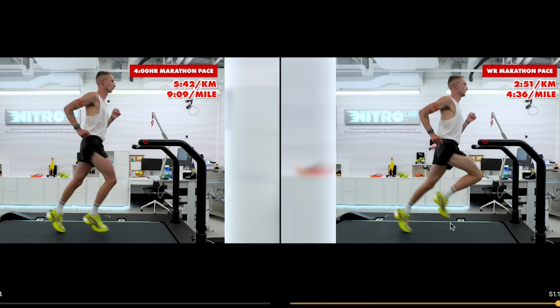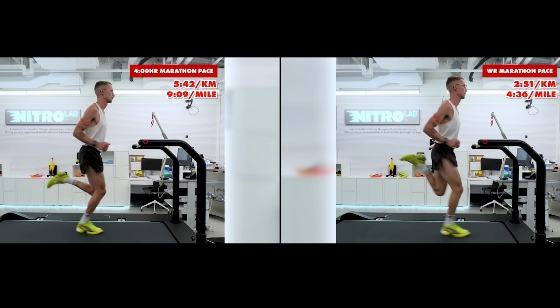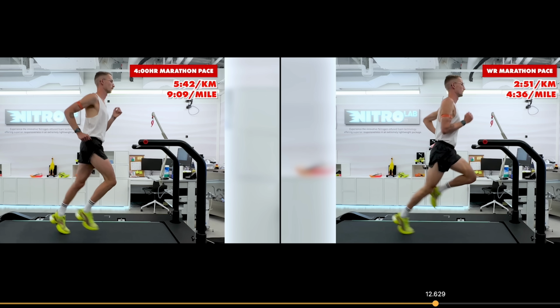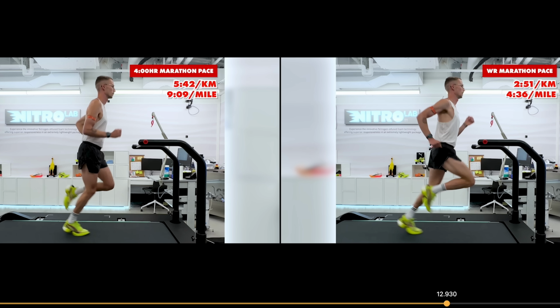It's almost a carbon copy of the two different types of form. Okay, I'll let the video just play through. You see the arm swing's obviously happening at a different pace, but in terms of the actual mechanics of the arms, there's actually very little variation.